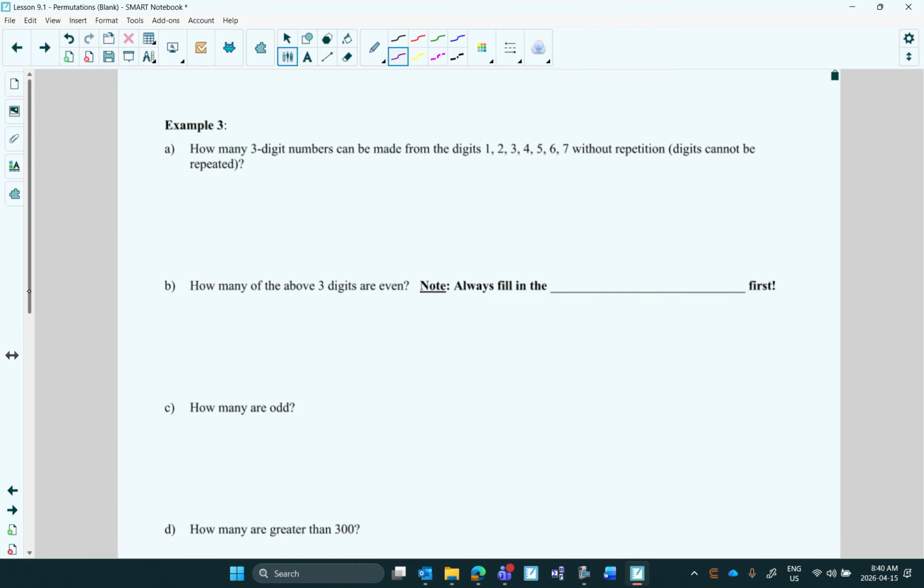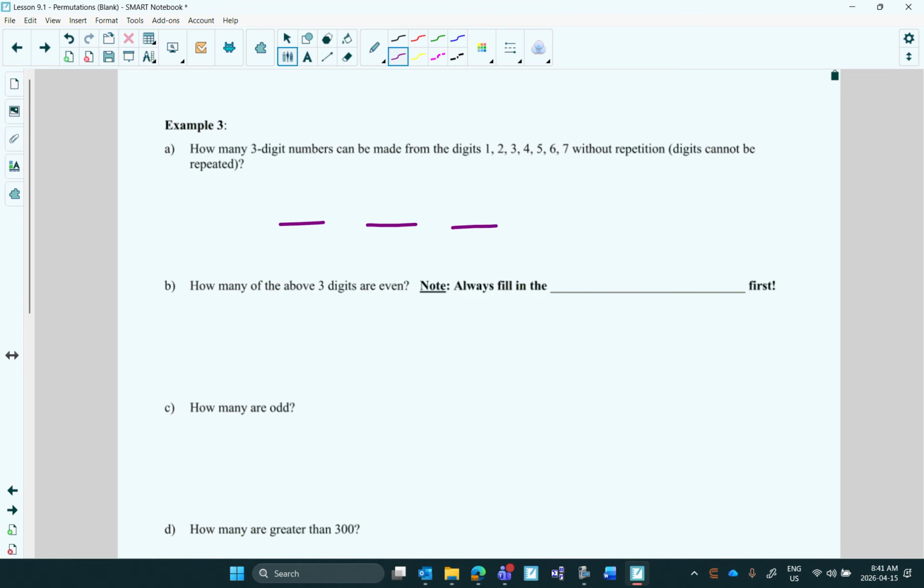Okay. Another example, and we talked a little bit about this yesterday. How many 3-digit numbers can you make using the digits 1 to 7 without repetition? Meaning digits cannot be repeated. Well, in this, we've got a 3-digit number, so there's 3 positions.